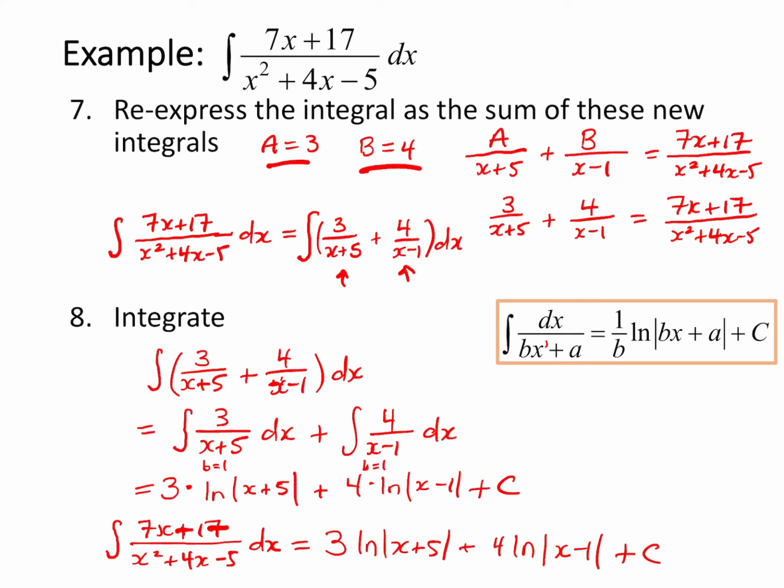And that would be our final answer. So that's an example of using partial fractions to integrate a rational function where the degree of the numerator was larger than the degree of the denominator, and substitution didn't initially help us out.